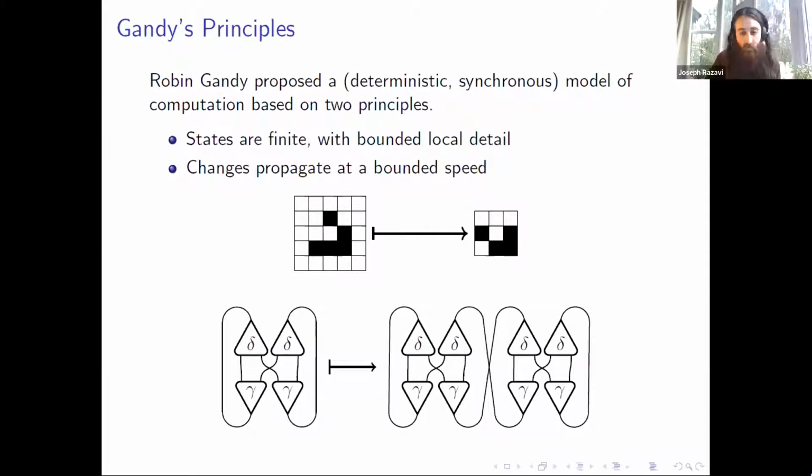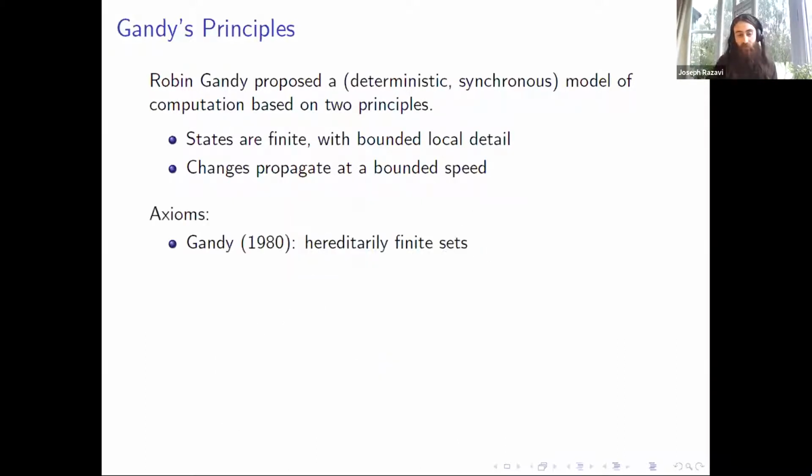So how did Gandy actually axiomatize this mathematically? Well, his idea was to use hereditarily finite sets.